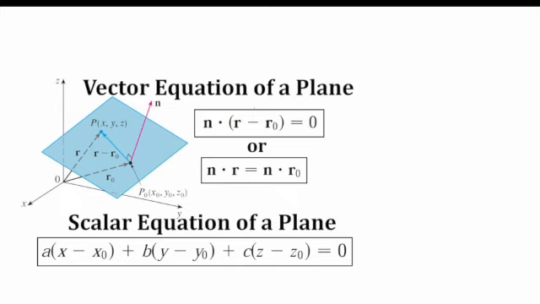The equation of a plane is n dot (r minus r0) equals 0. This might look a bit weird, but it's very simple. n is just the cross product of the two vectors of the plane.